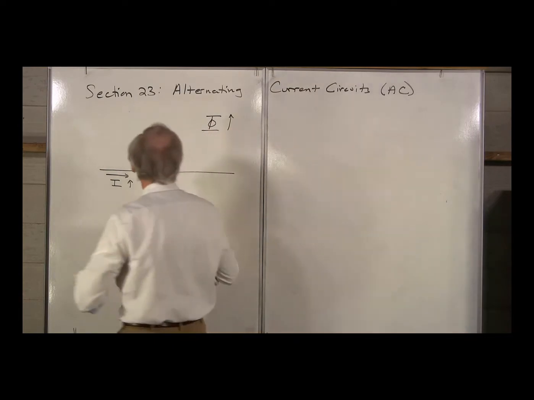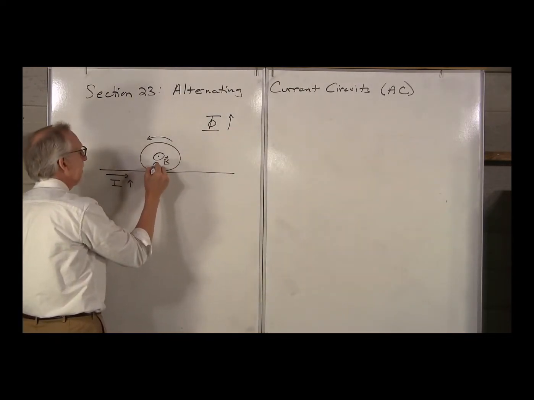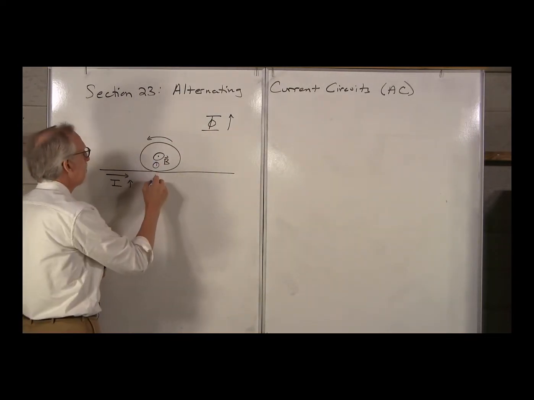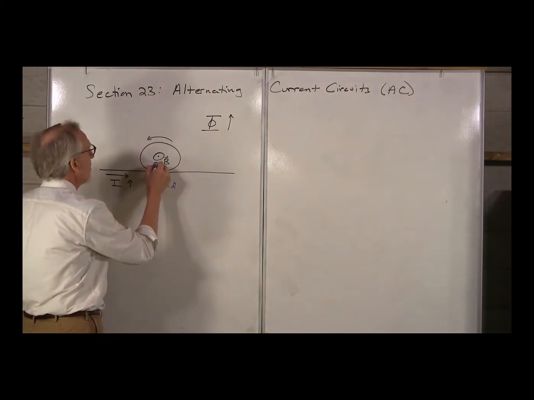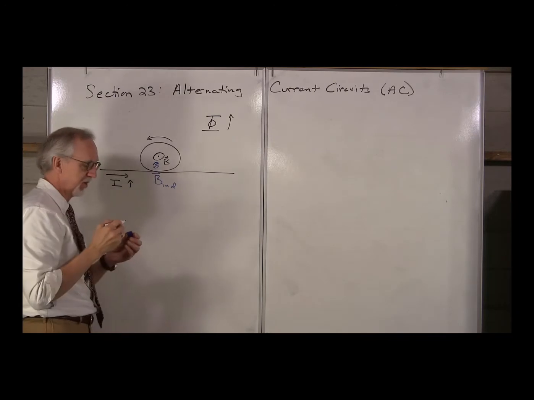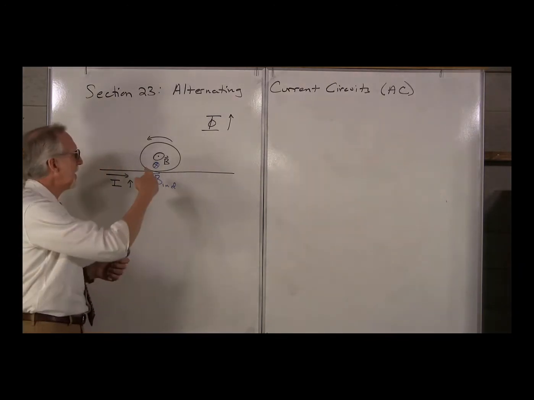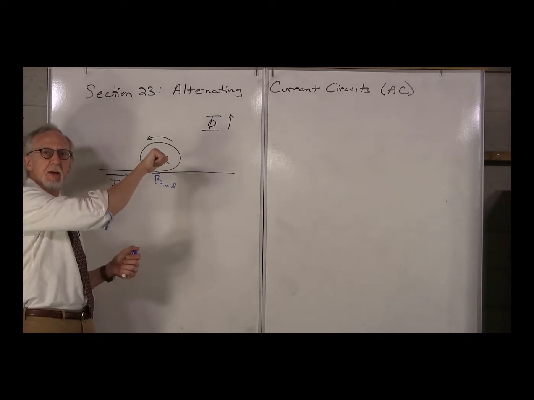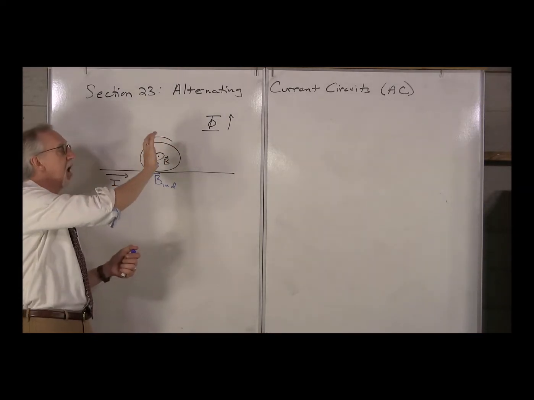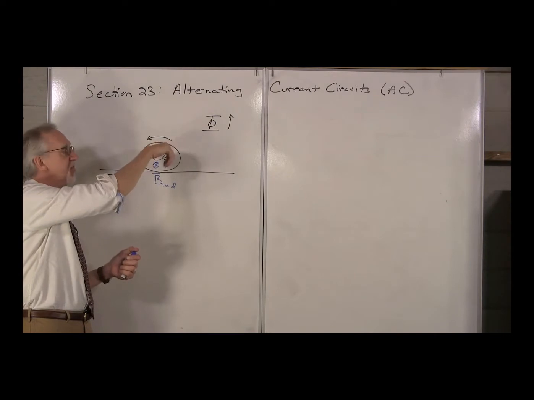We're going to have an induced magnetic field. I'll do this in blue. An induced magnetic field. Ooh, sorry, I drew it out of the page. Into the page. An induced magnetic field into the page. That is going to induce an EMF in the opposite direction, in this direction.